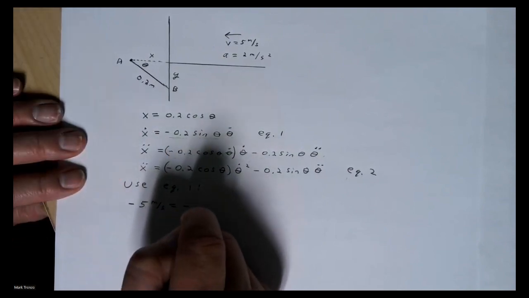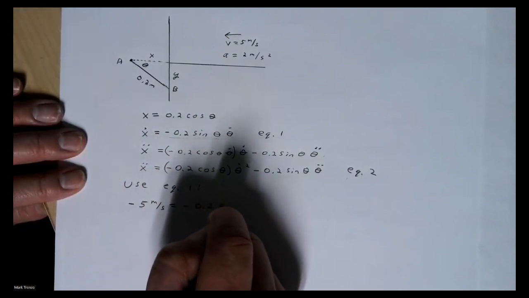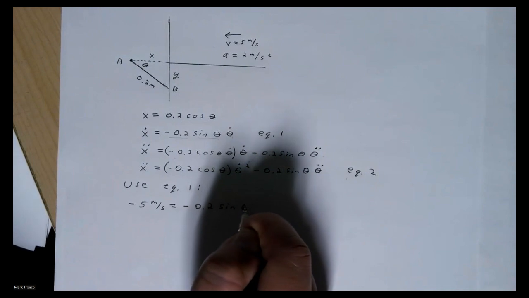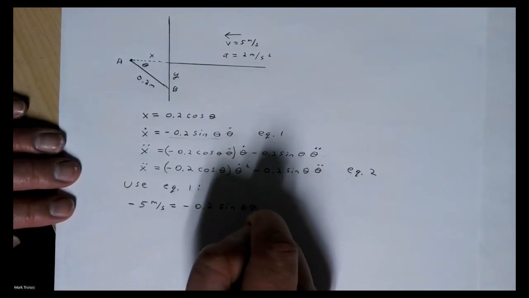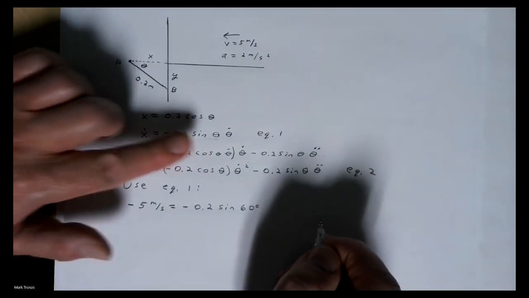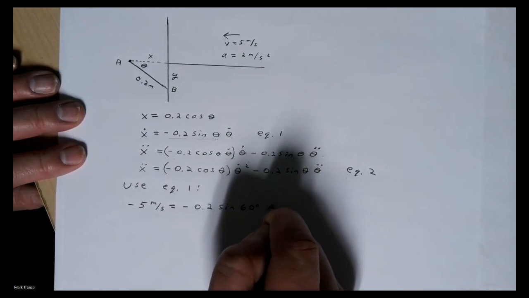And that's equal to minus 0.2 sine. And we're told that it's at 60 degrees, I believe. Yes, 60 degrees. And you could change that to radians if you had wanted to. And theta dot is here.